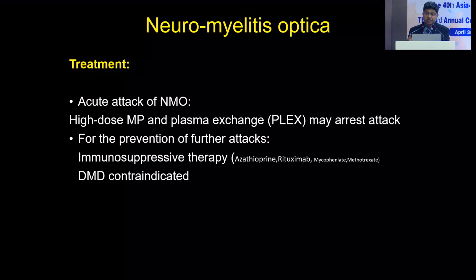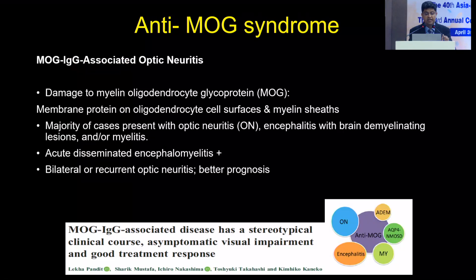So our interventions are different. Remember, disease-modifying agents are contraindicated in these patients. After long-term steroid therapy, you may have to switch to immunosuppressives like methotrexate in the long term rather than disease-modifying agents. It's important to identify NMO and MOG early because long-term prognosis does get affected by the delay in intervention.